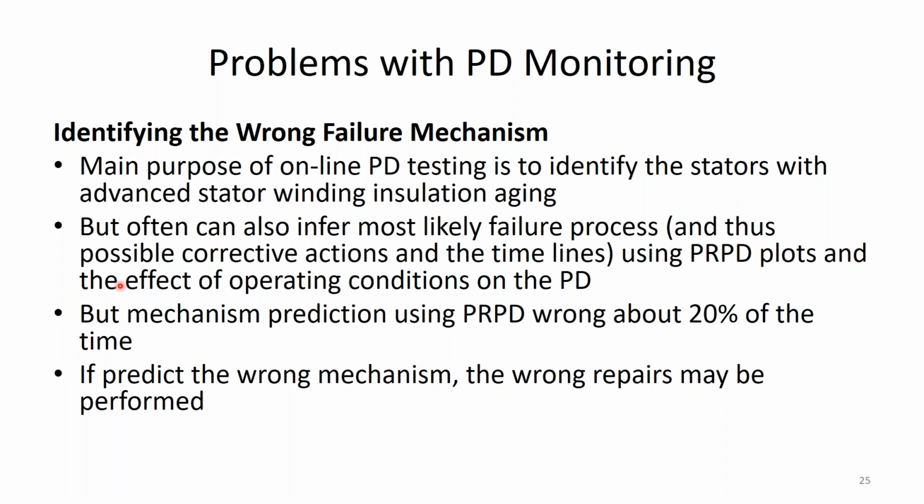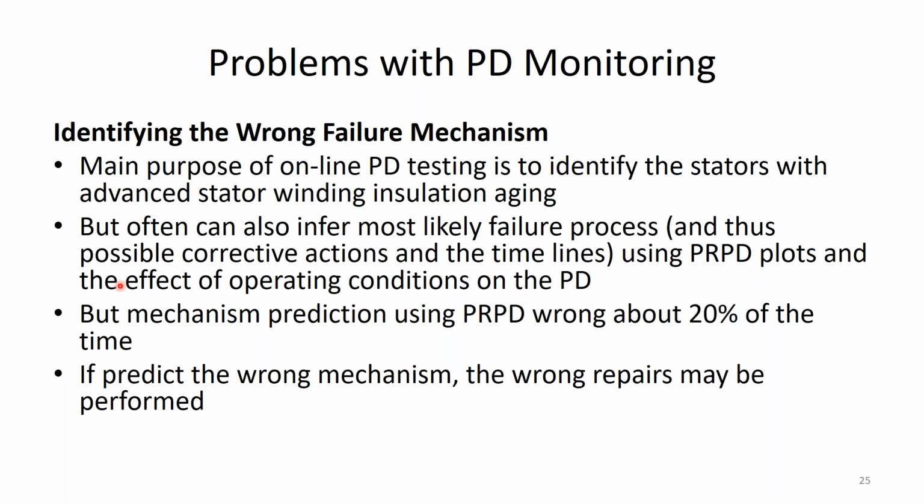But because we have not just a few sources but 1,000 sources in a typical winding, each creating their own little PD pattern, it's turned out to be really difficult. I know people have come up with all sorts of transformation methods and technologies to help us identify different processes or separate them out.